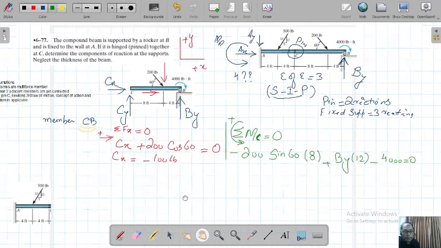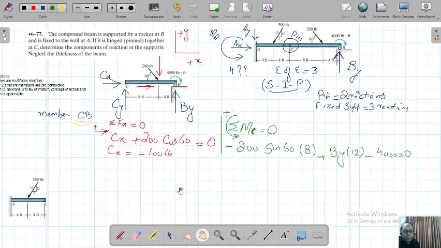Now we know that this is minus 200 sine 60 into 8 plus By into 12 minus 4000. The Cx and Cy are basically 0. This is By into 12, this is 200 pounds force times sine 60 into 8.